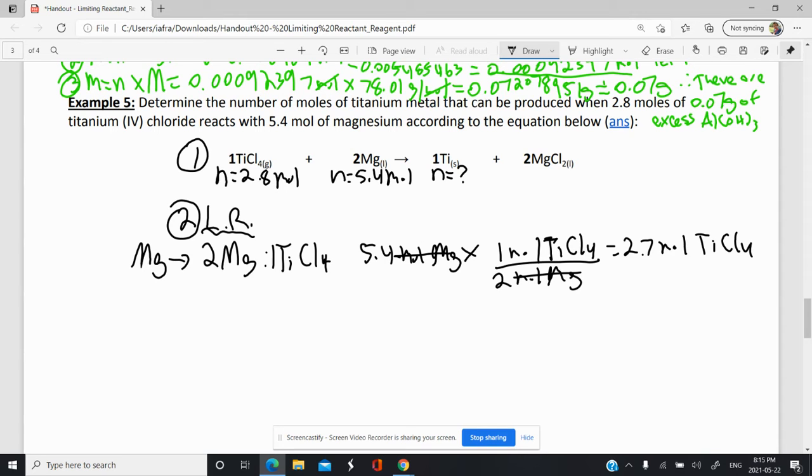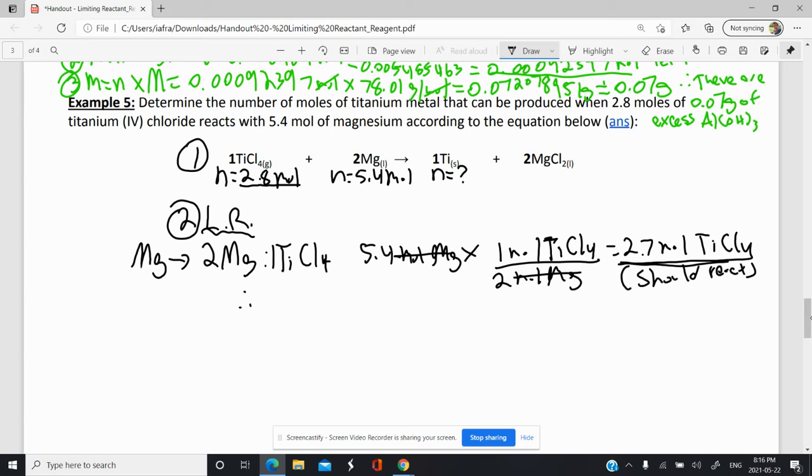So this is what should react. Now, what do I actually have in the question? In the question, I have 2.8 moles. I have more than what should react for my titanium chloride there. I have 2.7 moles should react with the magnesium given, but I have 2.8.